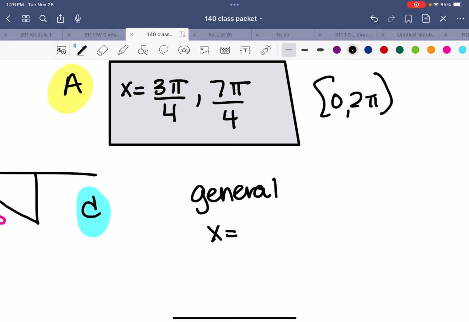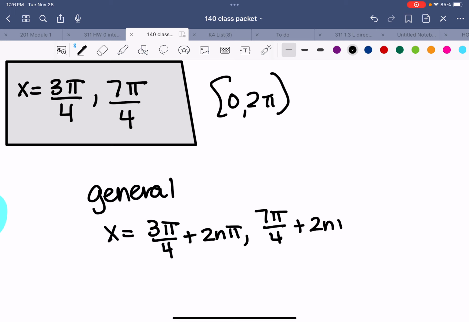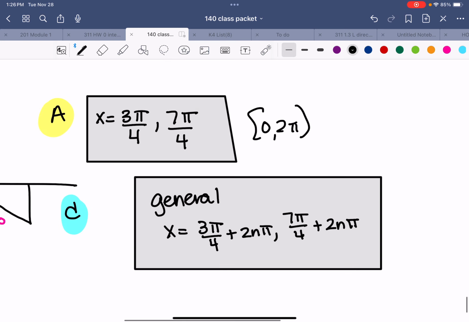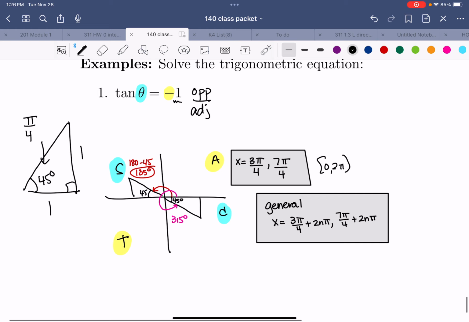So I'm going to add 3 pi over 4 plus 2n pi, and 7 pi over 4 plus 2n pi, right? The n, if it's negative, allows you to subtract, and when it's positive, it means you add. And remember, that's how we found our coterminal angles back in section 6.1. So we can go around as many times as we want as long as we land on that same spot. So that's our number 1.